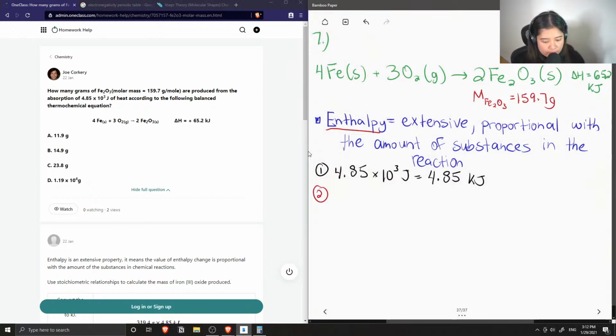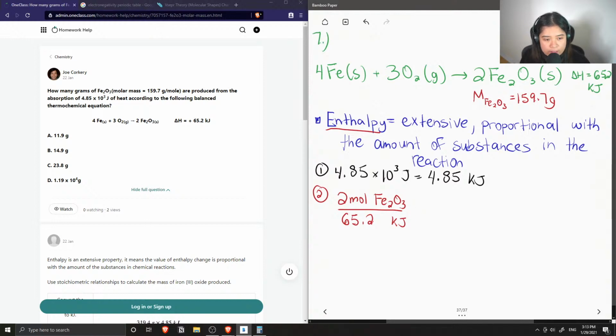Okay, so now step 2. I want to figure out the number of moles of iron oxide. I know that when 2 moles of iron oxide are produced, 65.2 kilojoules were absorbed.